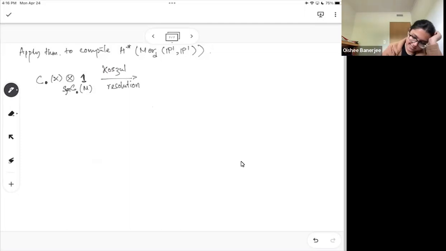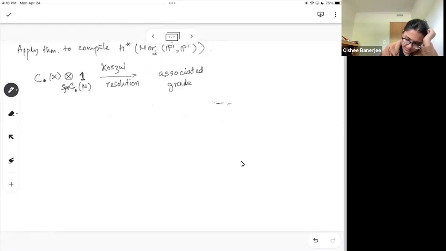And effectively what you'll get is terms like the associated graded part is given by something like the chain complexes tensored with, over Sym.